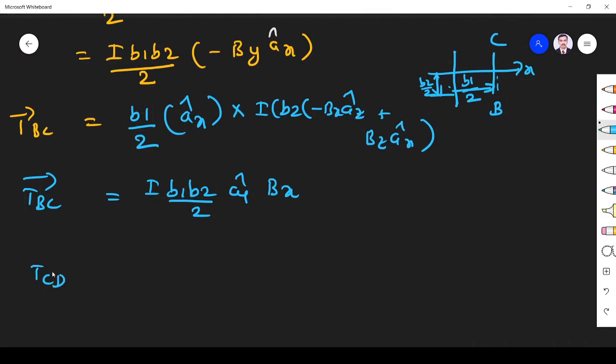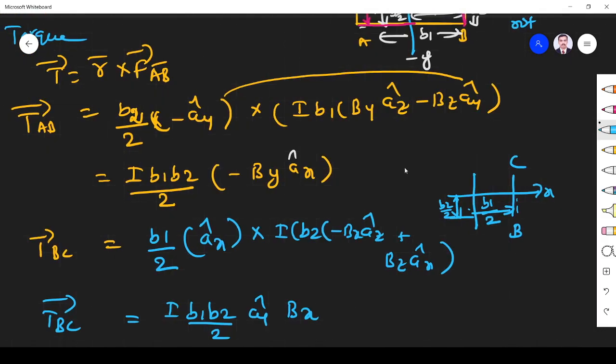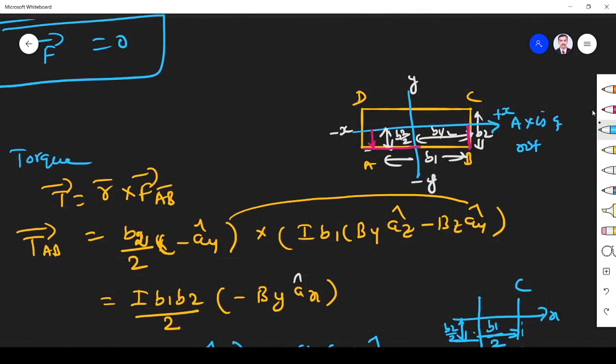Next to TCD, as usual, the distance CD, right? C to D. Here you see it is C to D, right? So what must be the distance? It is in AY direction. Moreover, it is in positive Y direction, right? With respect to this it is positive Y. So what is the distance? B2 by 2, right? From here, the distance is B2 by 2, and it is in positive Y direction.